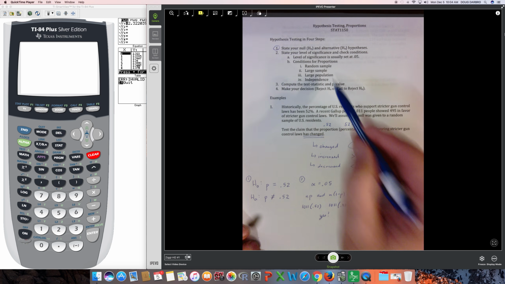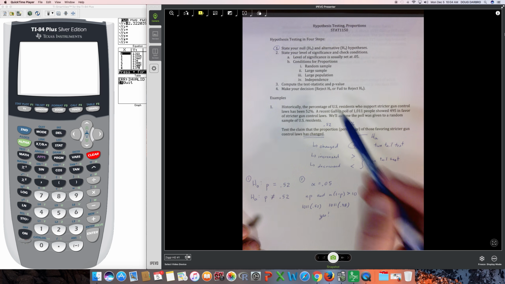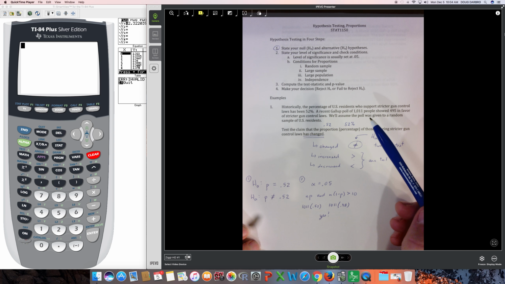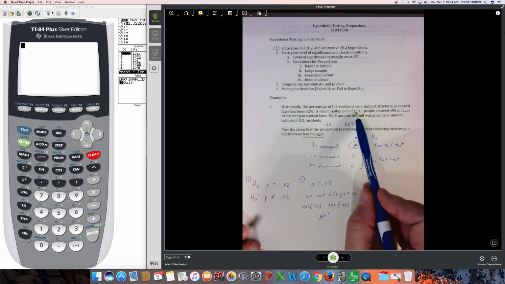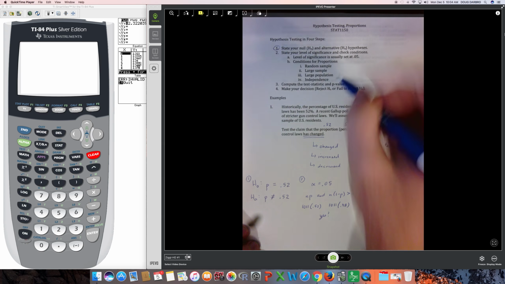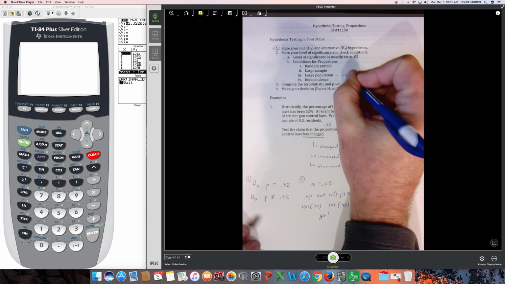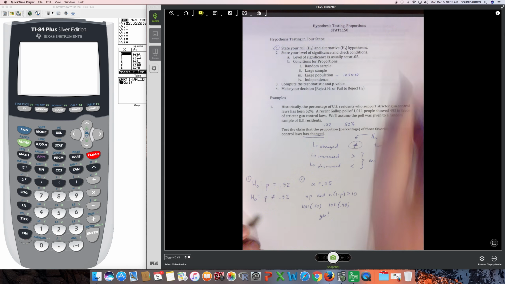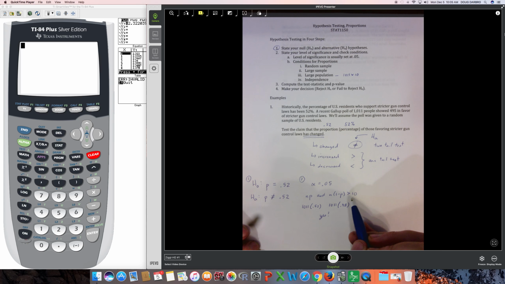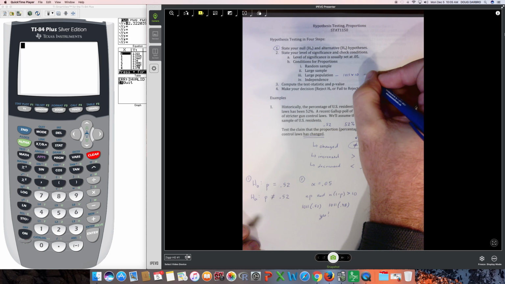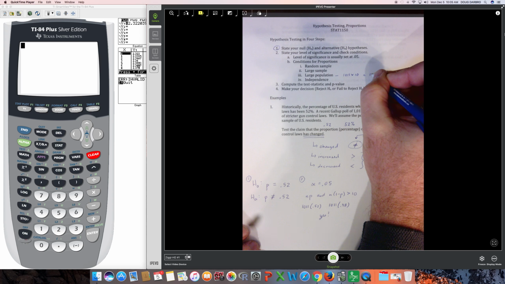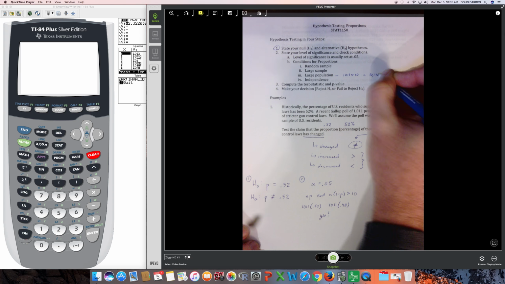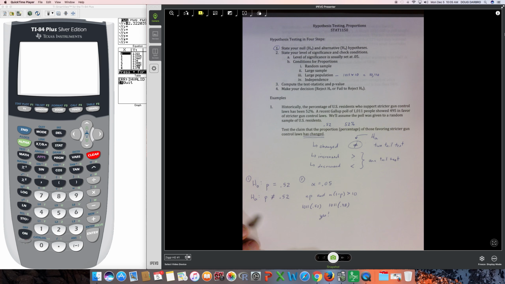Now the large population just says that the population from which we draw is at least 10 times as large as our sample. So what we do here is we take our sample of 1,011, multiply by 10, not to be confused with this 10, multiply by 10, and you can see in this case we get 10,110.